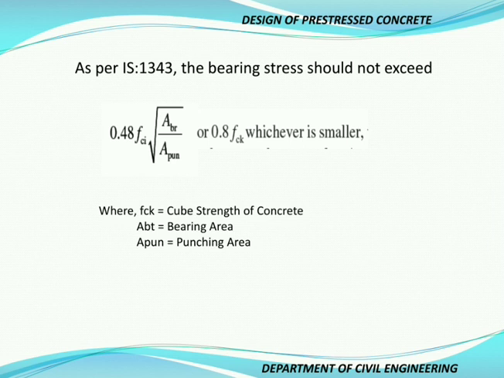So we have to take care that the bearing stress in any case should not exceed the least of these two values. This is a very important clause in the IS code which we need to strictly follow while designing the anchorage block.